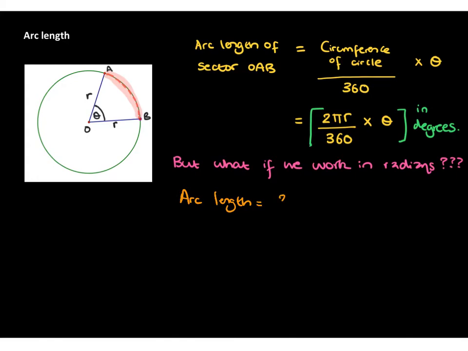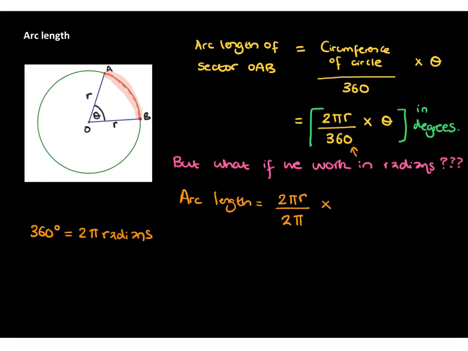So I still have 2 pi r, but instead of 360 degrees, what do we know 360 degrees is? We know 360 degrees is the same as 2 pi radians. So in the denominator here, I'm going to replace 360 by 2 pi.